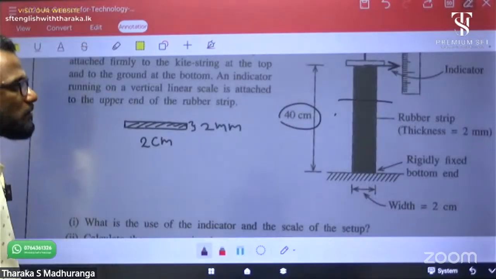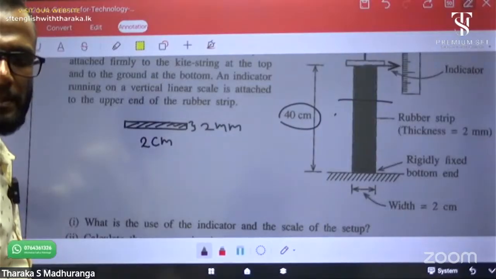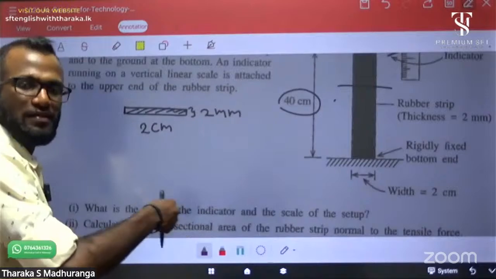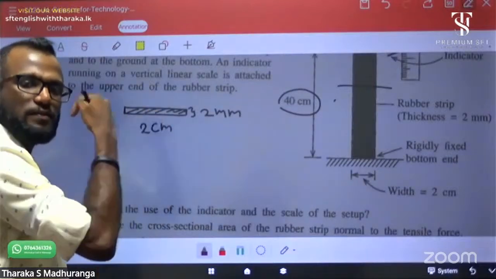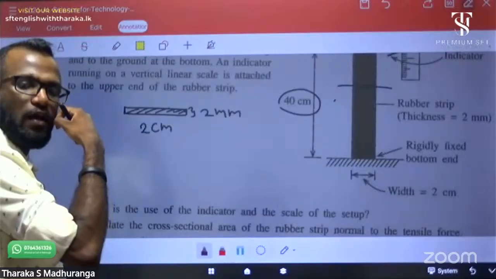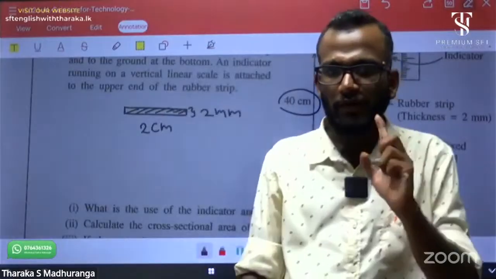Now what is the area? Just the cross section area. 2 into 2, correct? 2 into 2, 4.